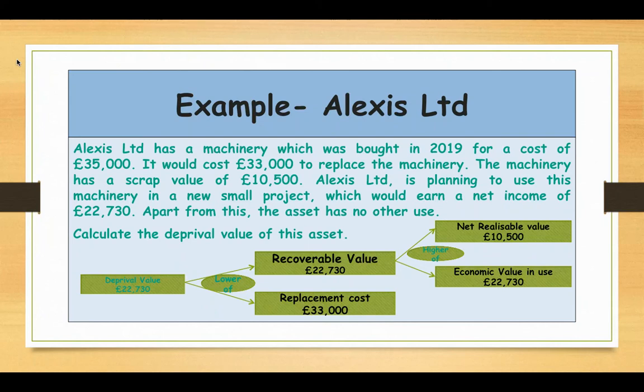So the depreciable value, as we have seen before, is the lowest of the recoverable value and the replacement cost. So the depreciable value of this asset is £22,730. This is a popular multiple choice question, and depreciable value is basically the relevant cost of this machinery.